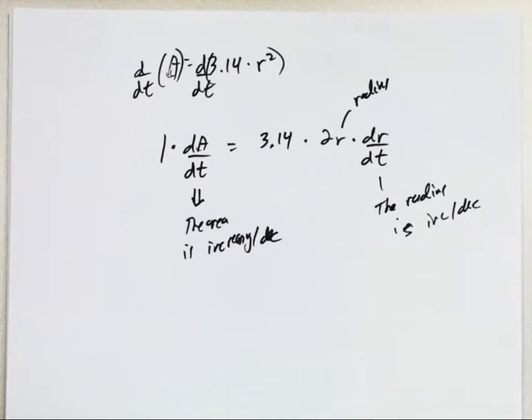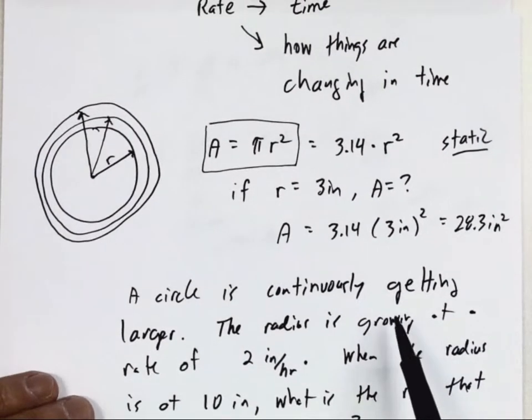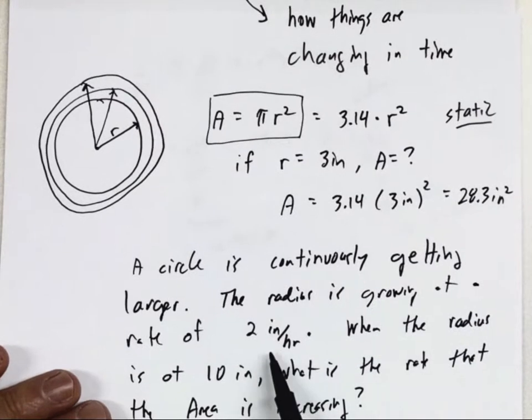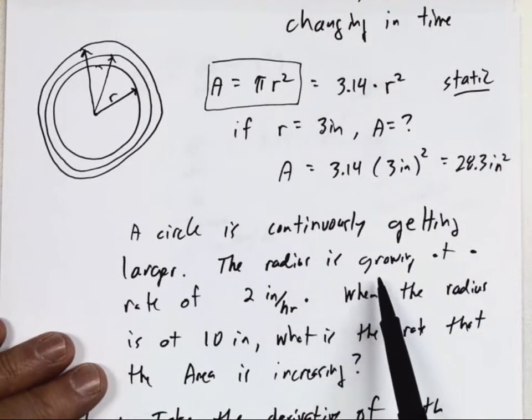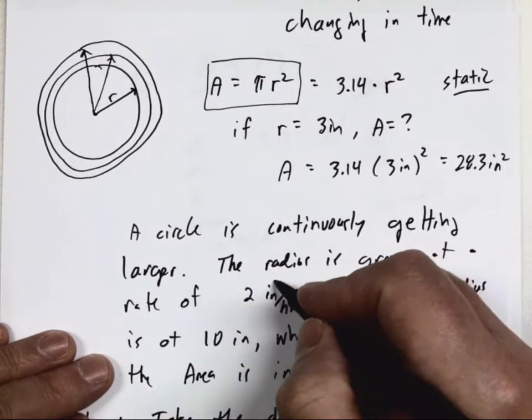So let's look back at our little problem and see what they tell us. A circle is continuously getting larger. The radius is growing at a rate of 2 inches per hour. Look at what that says. The radius is growing at a rate of 2 inches per hour. You know what this means?